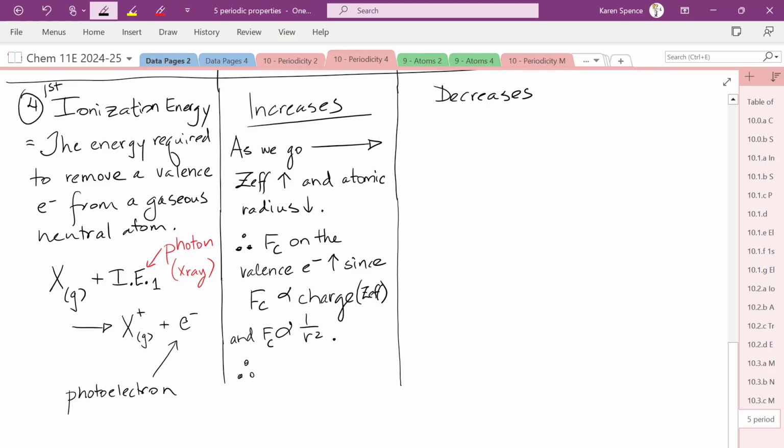Therefore, more energy is required to remove a valence electron.